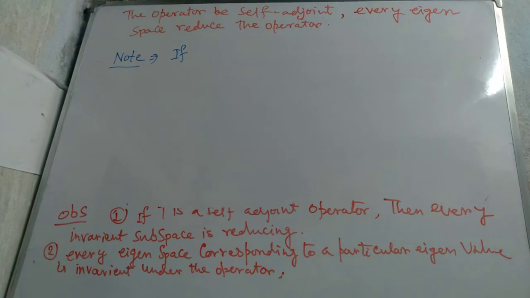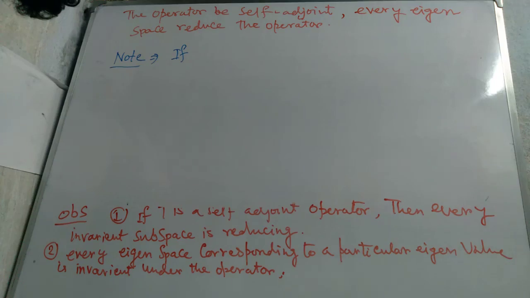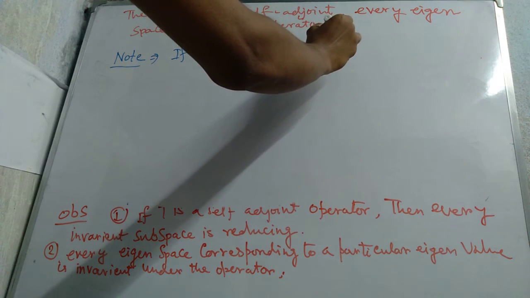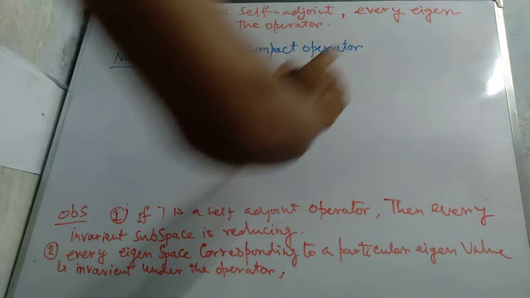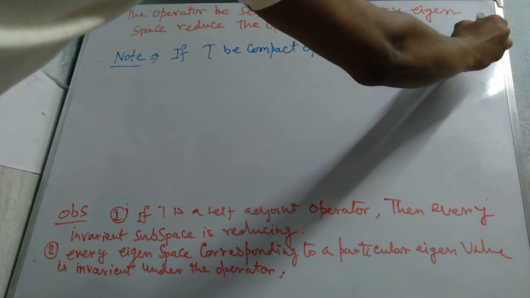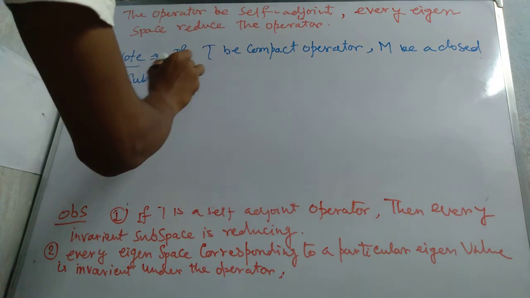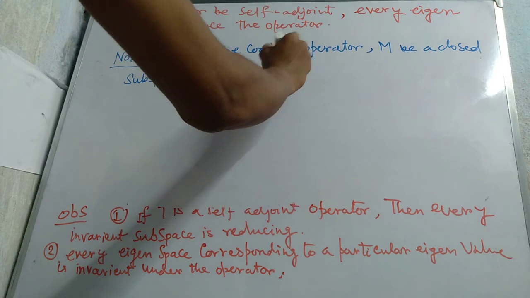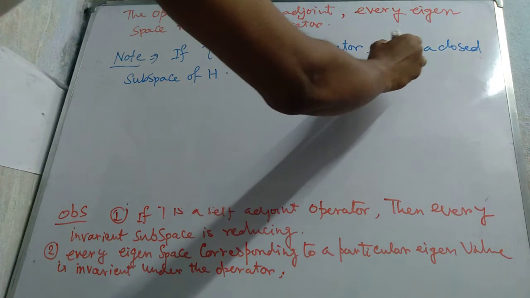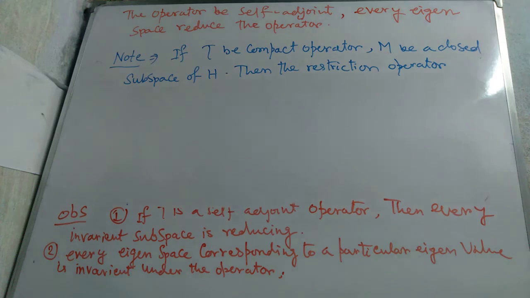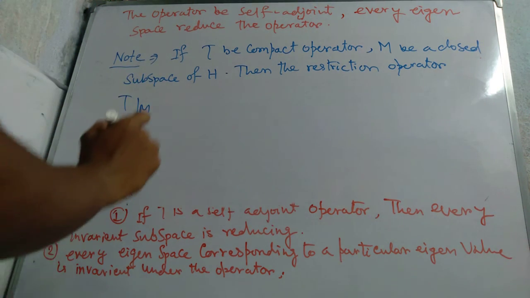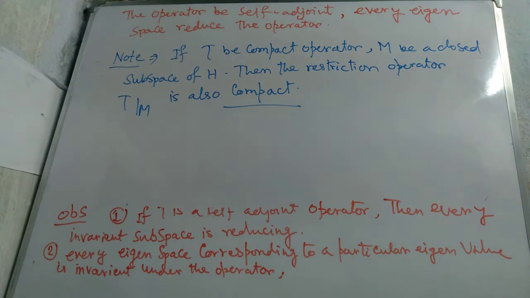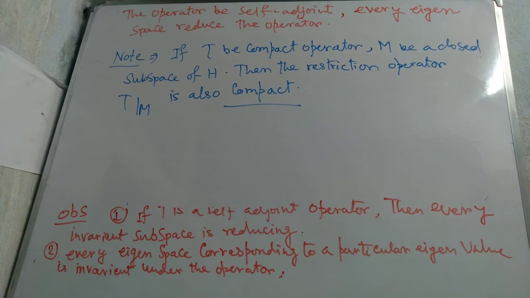If T be a compact operator, and M is a closed subspace of H, then the restriction operator T restricted to M is also compact. Okay, then we stop here.